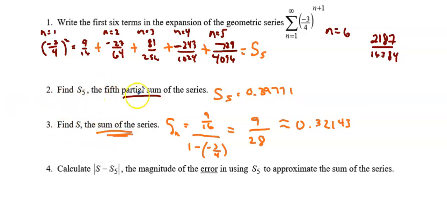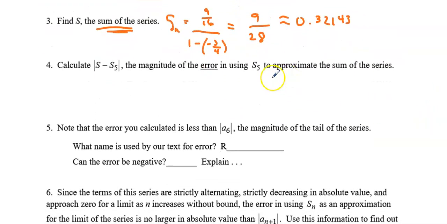Okay, so right now we found the actual sum of the series, and what the 5th partial sum is going to be. So what we're going to do now is find the difference of these 2 numbers, and this is going to be the error of the 5th partial sum, right?